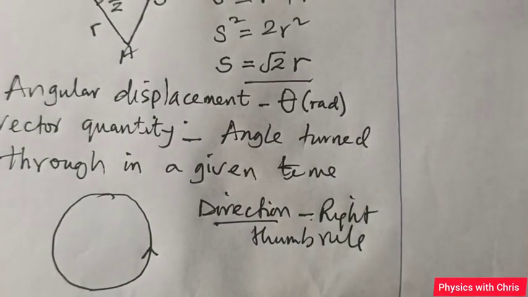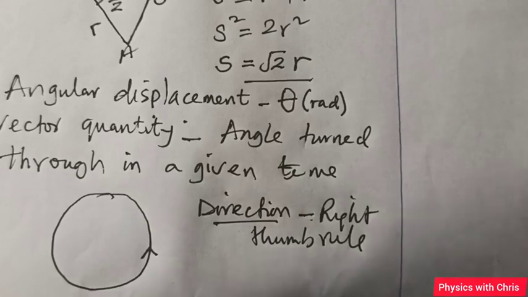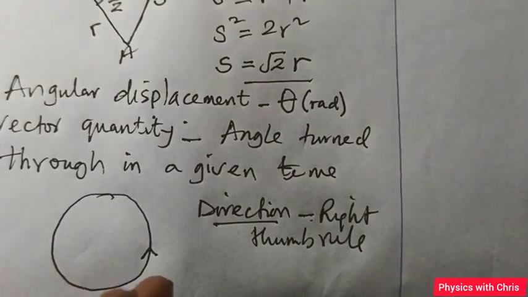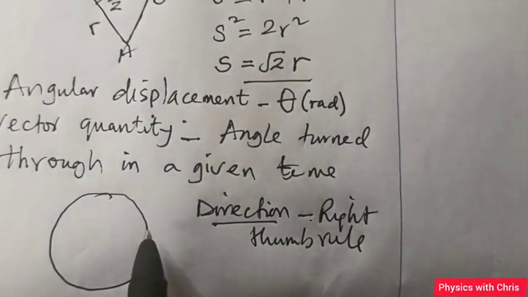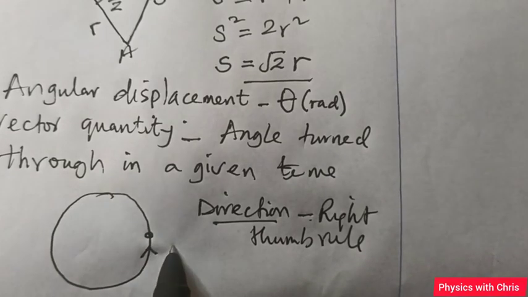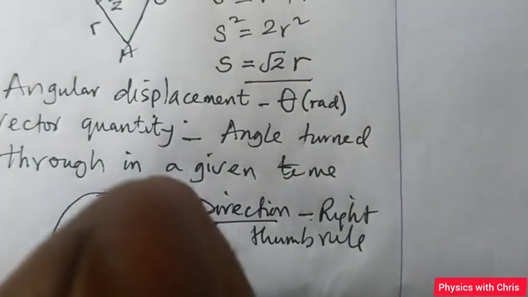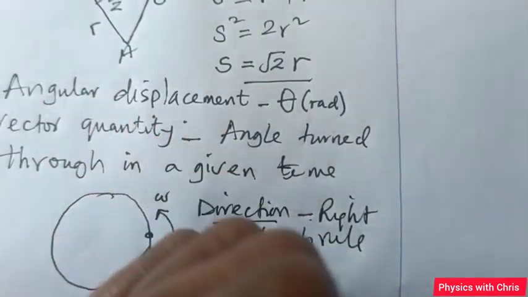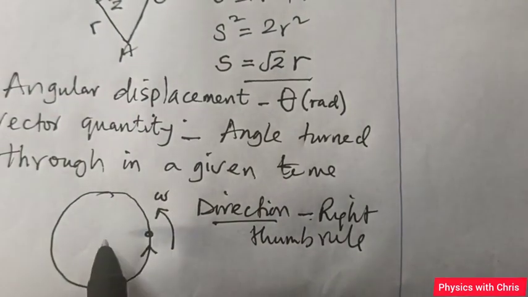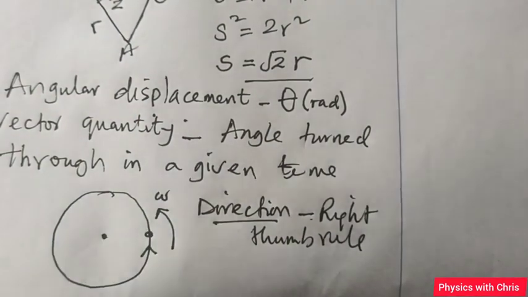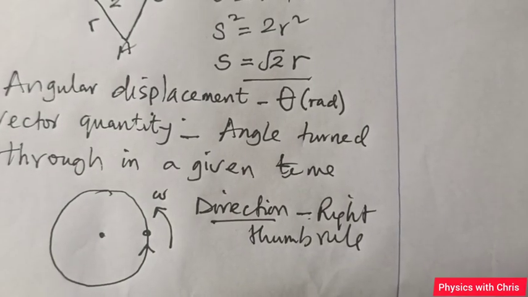If the four fingers rotate in the direction of the body, let's say this is anti-clockwise, then the thumb points outward in the direction of angular displacement. Okay, so that is it.